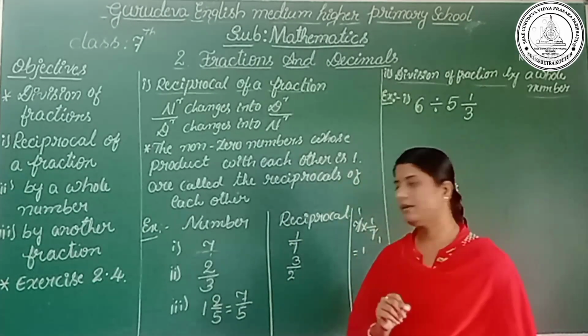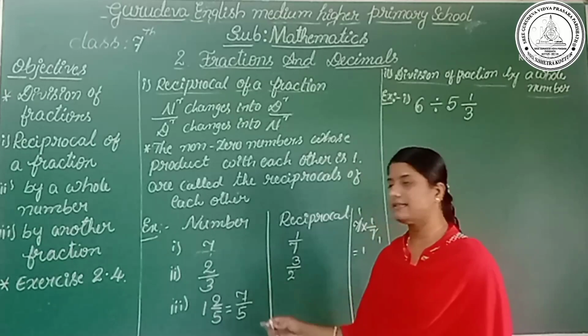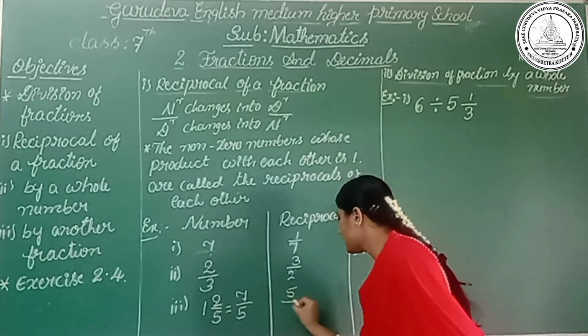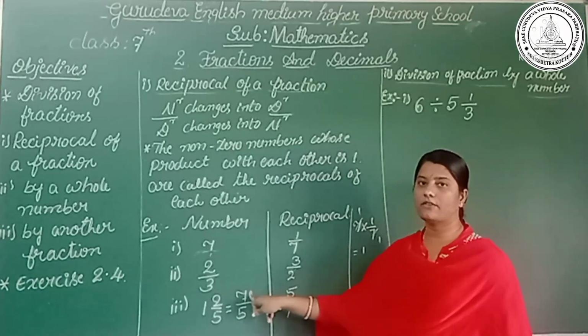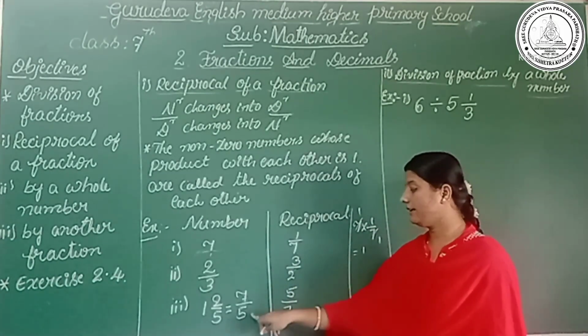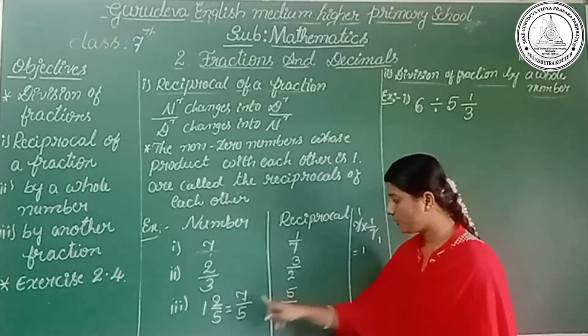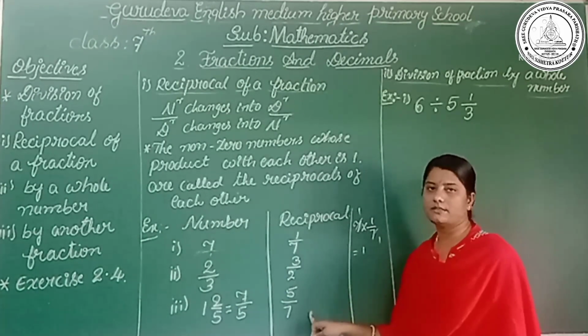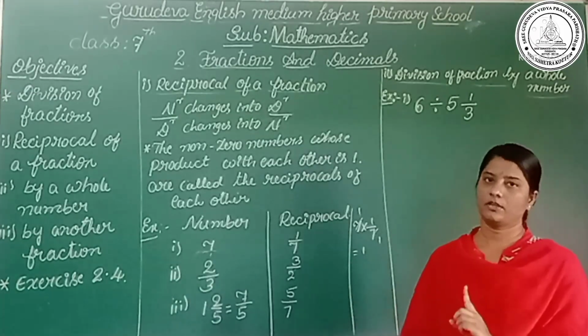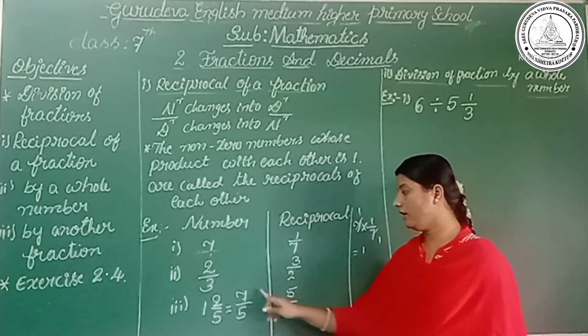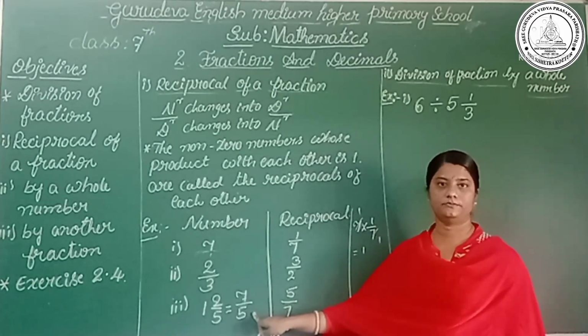So 7 by 5 is a fraction. The reciprocal of this fraction is 5 by 7. Here the numerator 7 comes to the denominator and the denominator 5 comes to the numerator. If we do the product of 7 by 5 and 5 by 7, we will get the product as 1. So hence we can say that 5 by 7 is the reciprocal of 7 by 5.